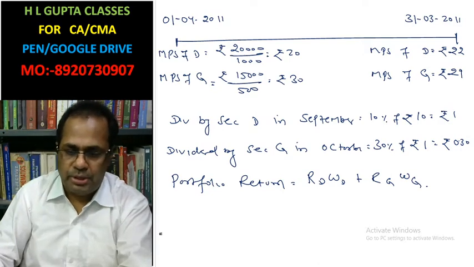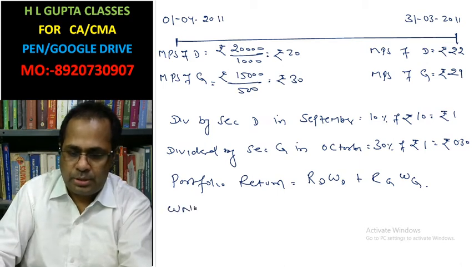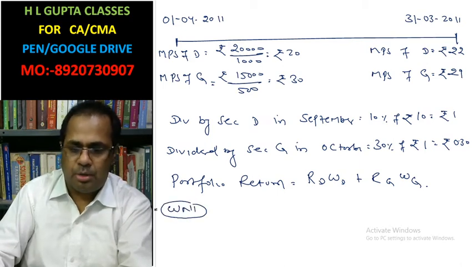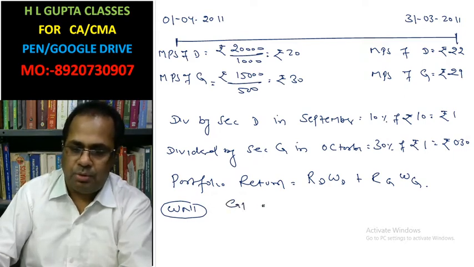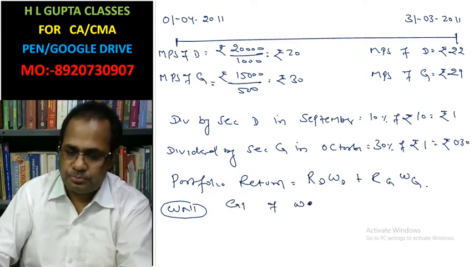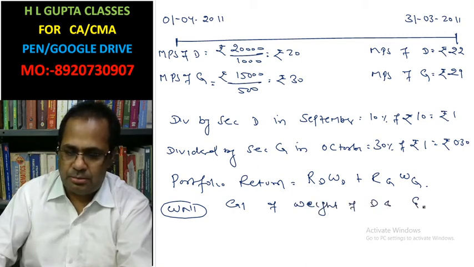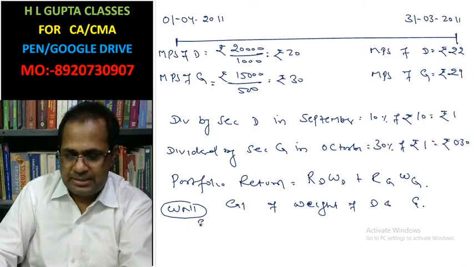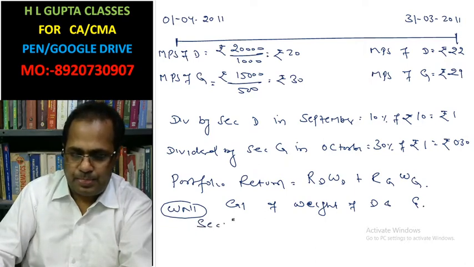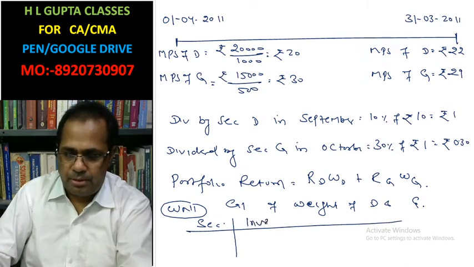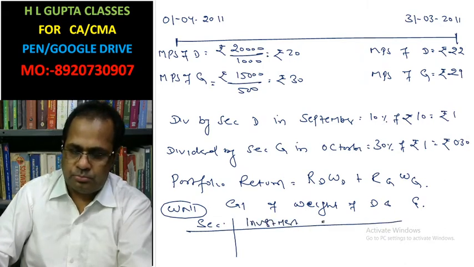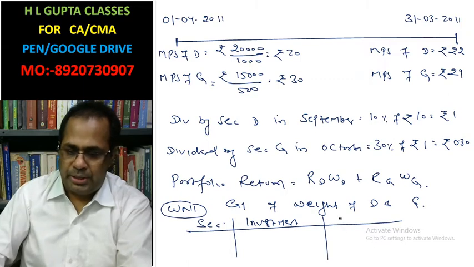The first working note we should have is the calculation of weight of D and G. Here we have the security, the investment, and the weight.